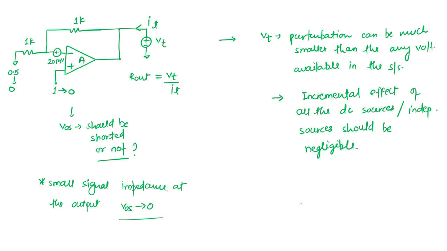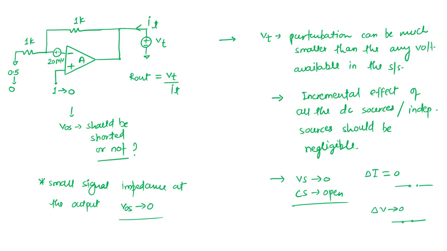If incrementally they are negligible, that's why we consider voltage sources to be grounded and current sources to be open, because incrementally they are doing nothing. So considering the current source open, the incremental effect of the current source is zero in that analysis, and the incremental voltage of the voltage source is zero, so consider this voltage source to be shorted.